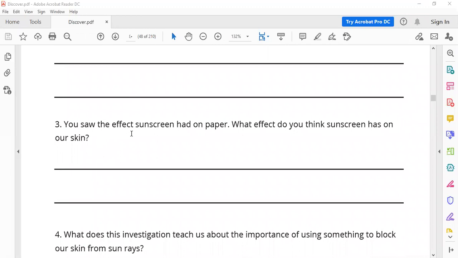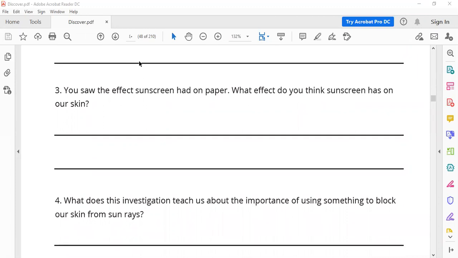You saw the effect of sunscreen had on paper. What effect do you think sunscreen has on your skin? It protects my skin.